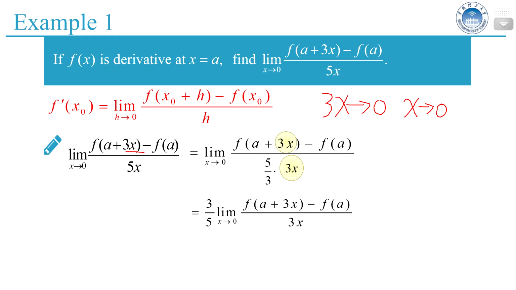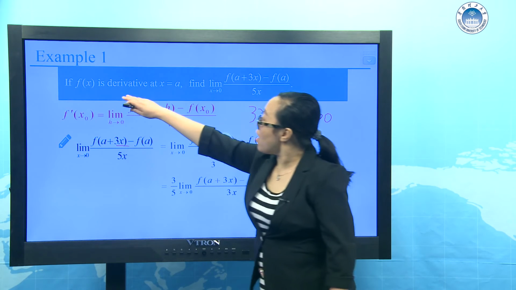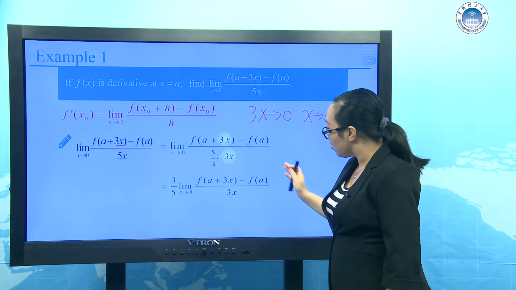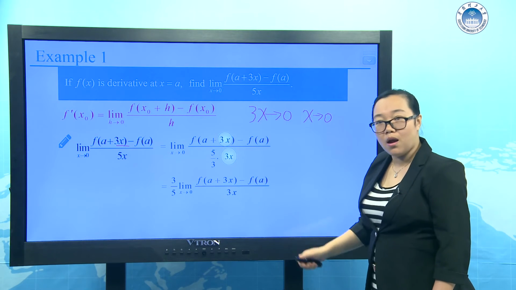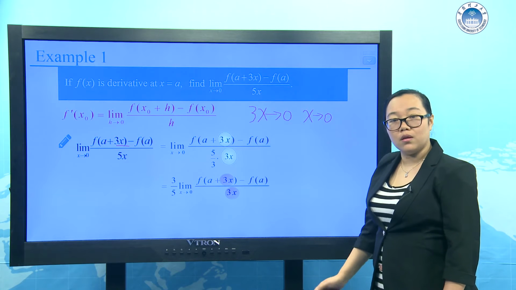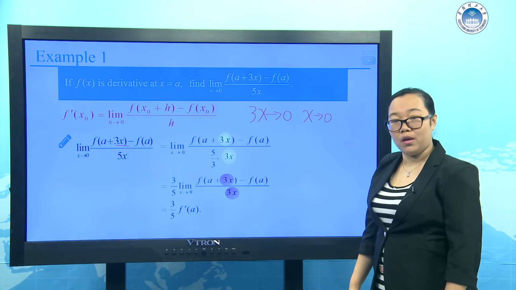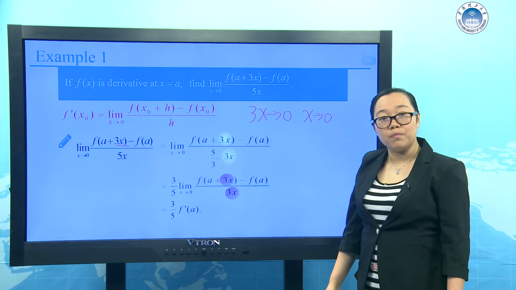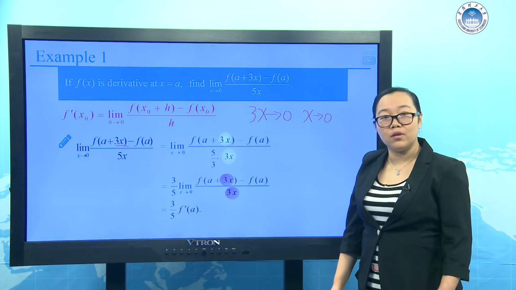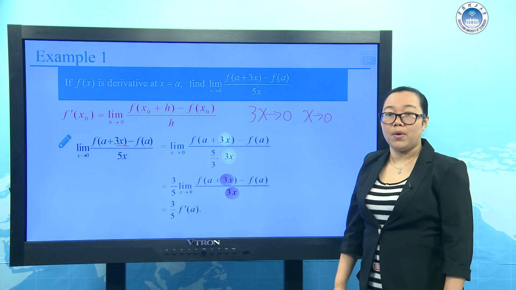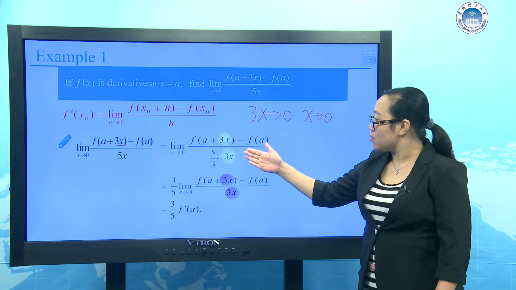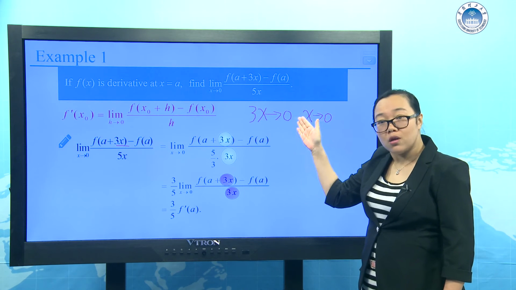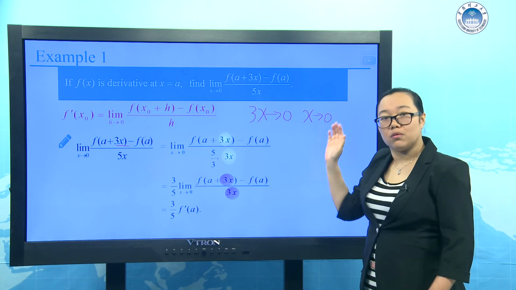Yes, the given condition tells us f(x) has a derivative at the given point. So this expression is our definition, equals f prime a. It is our final answer. Try to understand the question by using the definition of derivative. Pay attention to h tends to 0. In short, x tends to 0.